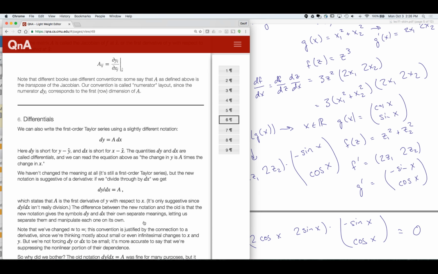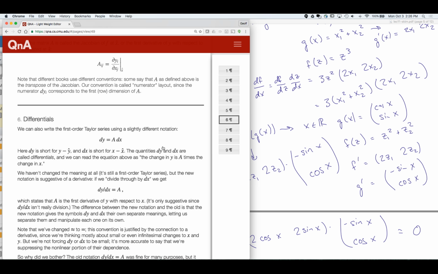And so the only difference between the old notation and the new notation is that we've separated dx from dy and given each one its own meaning so that we can move them around separately and work with each one on its own. The other difference is that we've replaced approximately equals by equals.